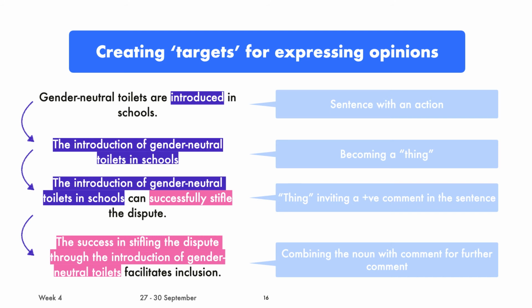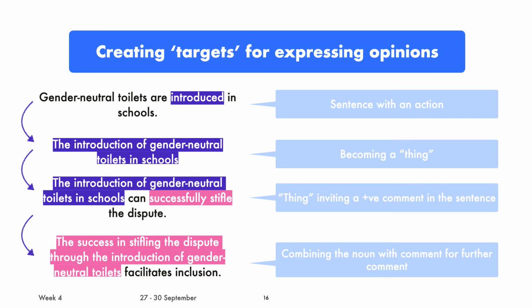So here is a sentence with an action, because the verb introduce represents an action perhaps performed by schools. And in this case, the whole sentence can be packed into a noun phrase, that being the introduction of gender-neutral toilets in schools. So the focus now has become introduction.